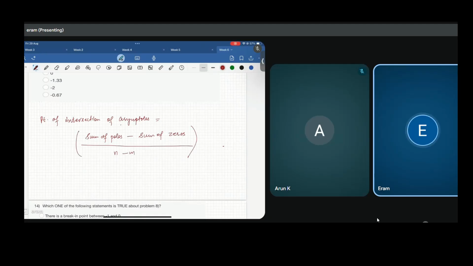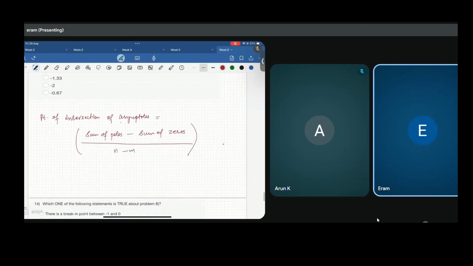This will give us the coordinate of the point of intersection of asymptotes.